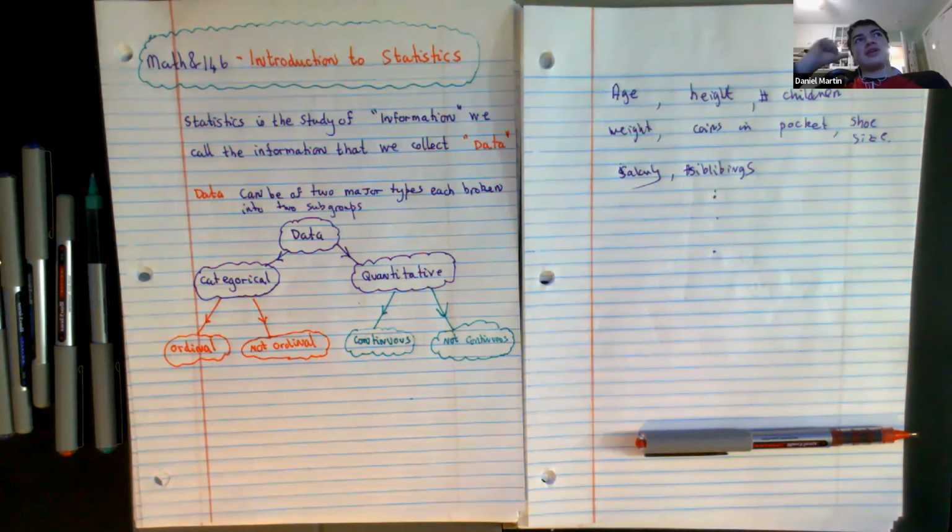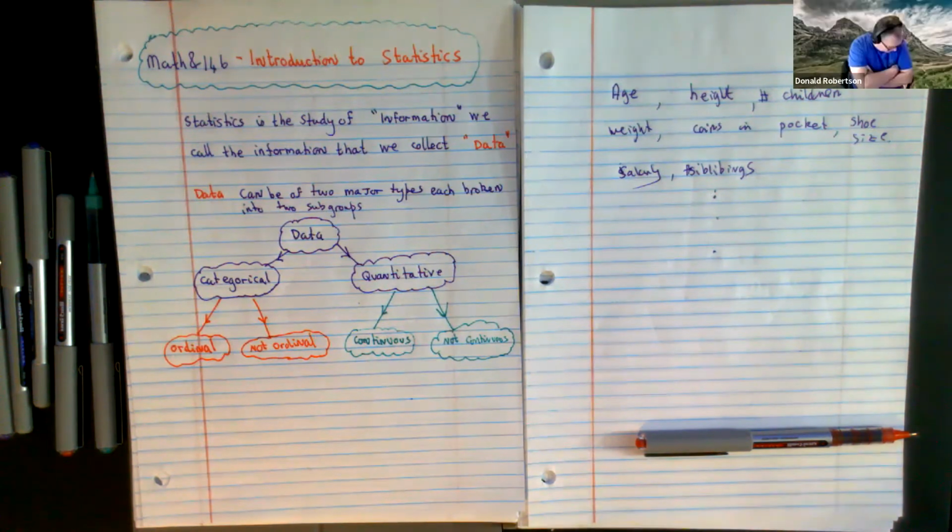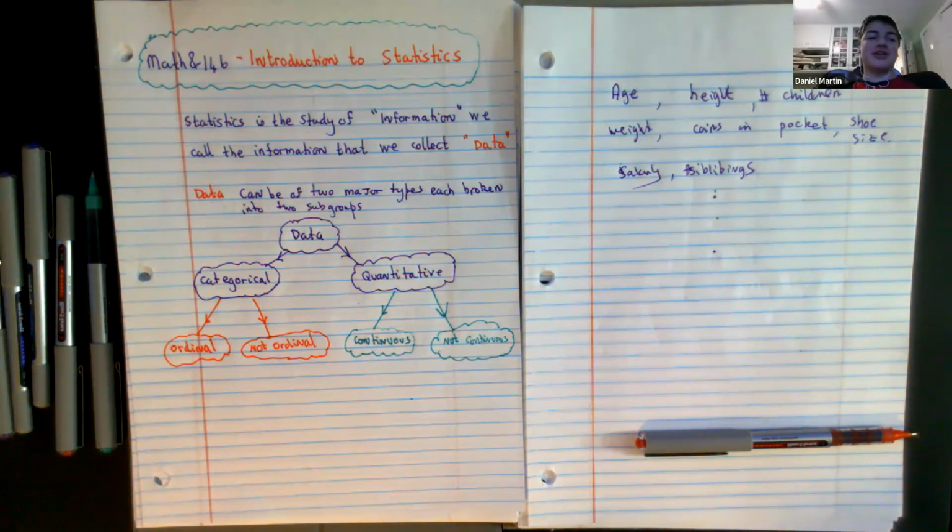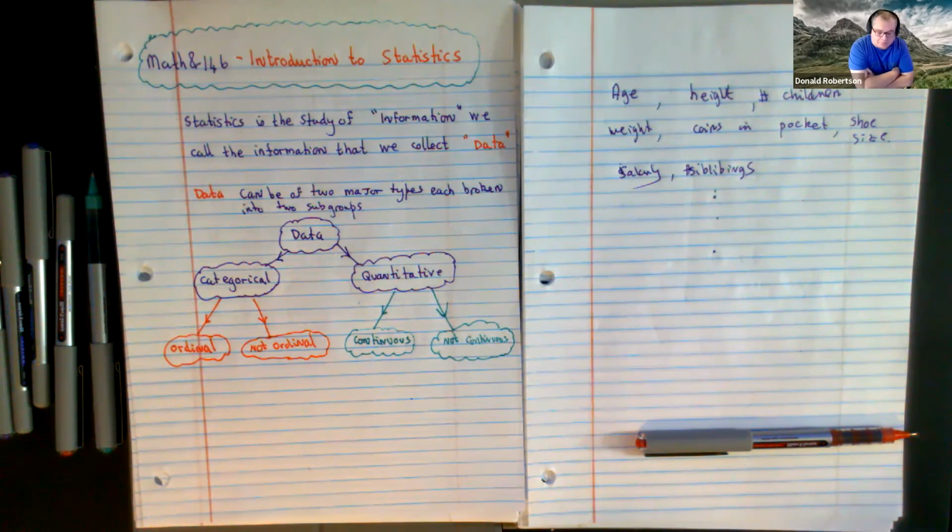If someone has a favorite TV station and you ask a bunch of people what that is, there wouldn't necessarily be an order. I think what you were saying is that if you were asking someone their favorite TV program, it would belong as categorical because it's a thing, right?